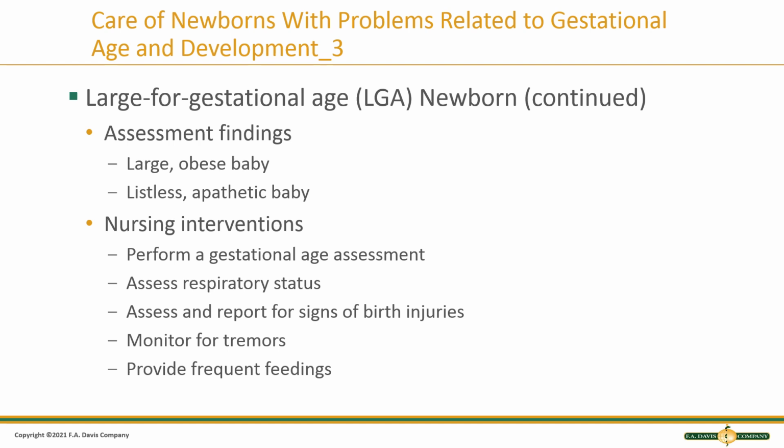We want to make sure that this baby is monitored closely. This is a baby that's going to be more than 4,000 grams and that is going to fall in the greater than the 90th percentile when we measure this baby out. Most of the time it's caused by diabetes, but as we said, it could be post-term and it could be idiopathic.